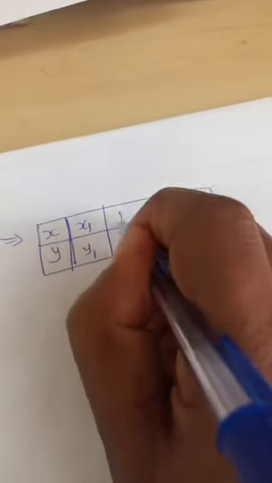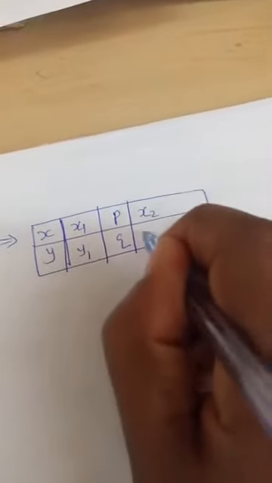But in between here, there's a value PQ, and I have my x2, y2 over there.